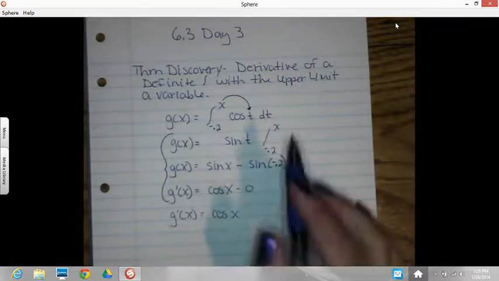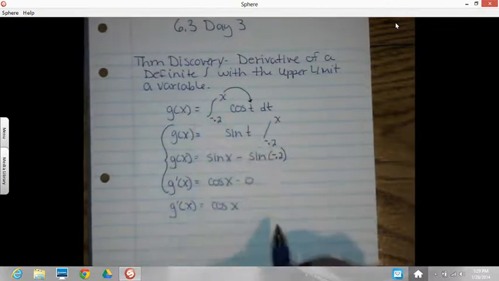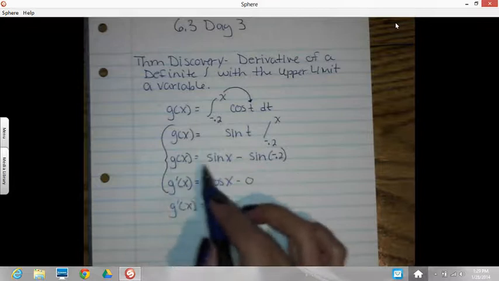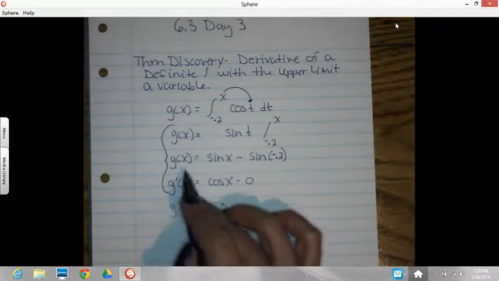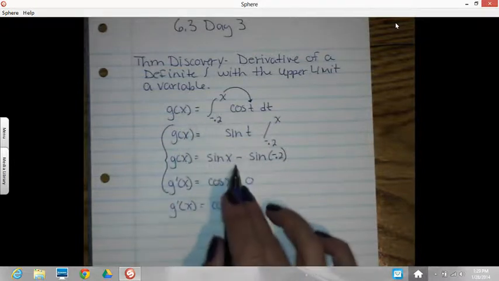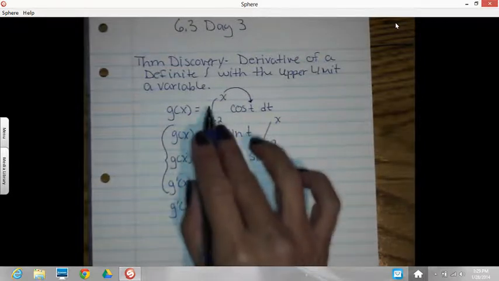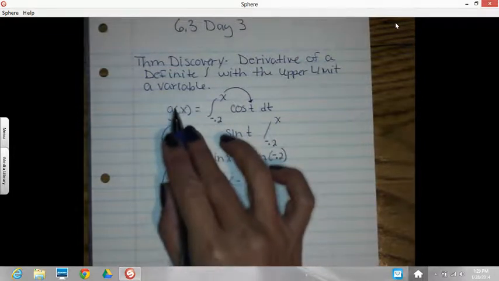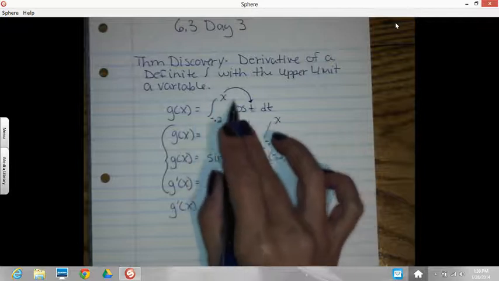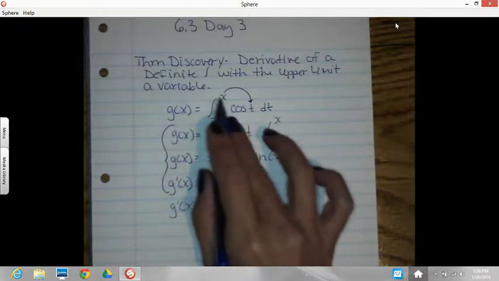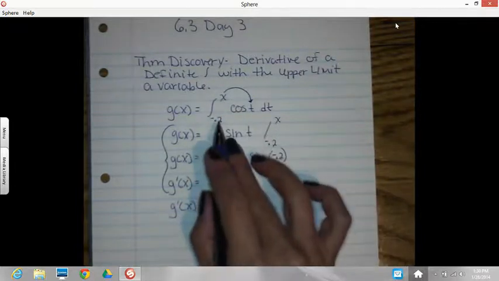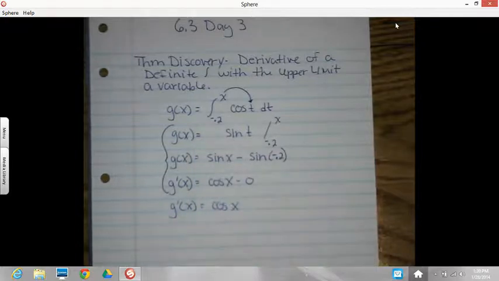So the shortcut to this is not to actually find the antiderivative and then do derivative. It's just do the shortcut. G prime of x will equal this function with the upper boundary substituted in. The bottom boundary, as long as it's a constant, goes to 0, and we don't have to worry about it.